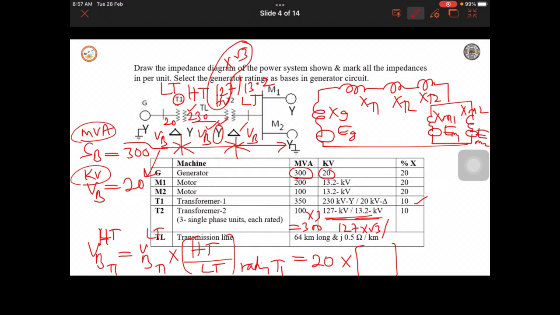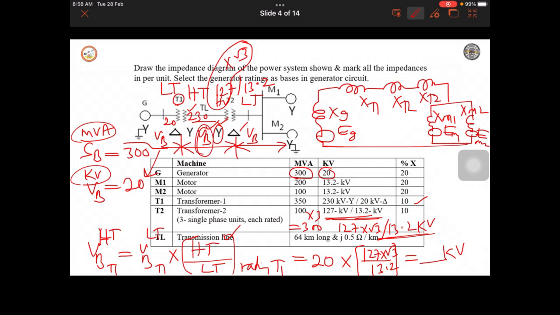Line voltage and phase voltages are same, therefore 13.2 we have to consider. Now let us write the HT side voltage rating of transformer 1. HT side is 127 into root 3 divided by LT side voltage 13.2. So, this is the answer for the base voltage on HT side of transformer 1.